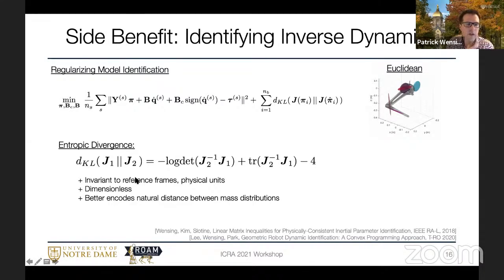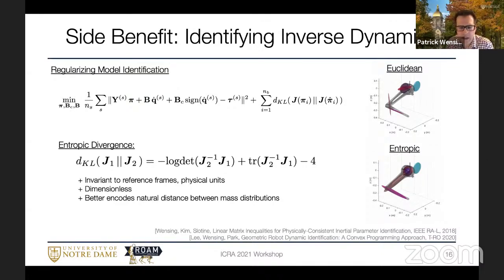If I give you two inertia matrices, I can calculate this quantity, and it's invariant to reference frames and physical units, and so is more sensible than the conventional Euclidean metric, which is dependent on choice of frames. And so with just this very small change, we can get much more sensible results out of our system identification. I think it's really easy to mess up system identification sometimes, and this makes it harder to mess it up.